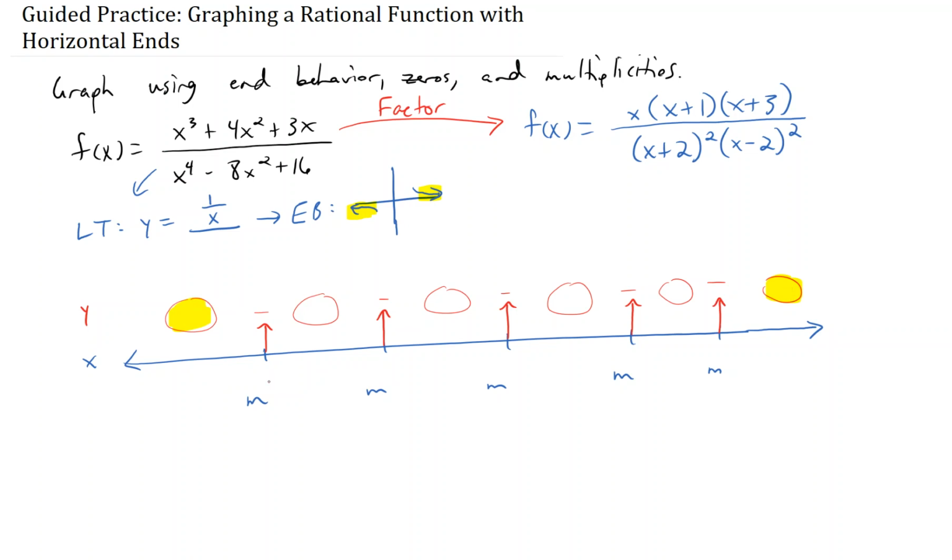Then you look at your multiplicities, whether they're even or odd, to determine if these signs are the same or different. And you work your way all the way across to figure out all of the same and different signs based on your multiplicities. Alright, so that's enough information to get you going on your number line chart. Go ahead and pause the video, see if you can fill out the whole thing, and then come back and see if you got it right.